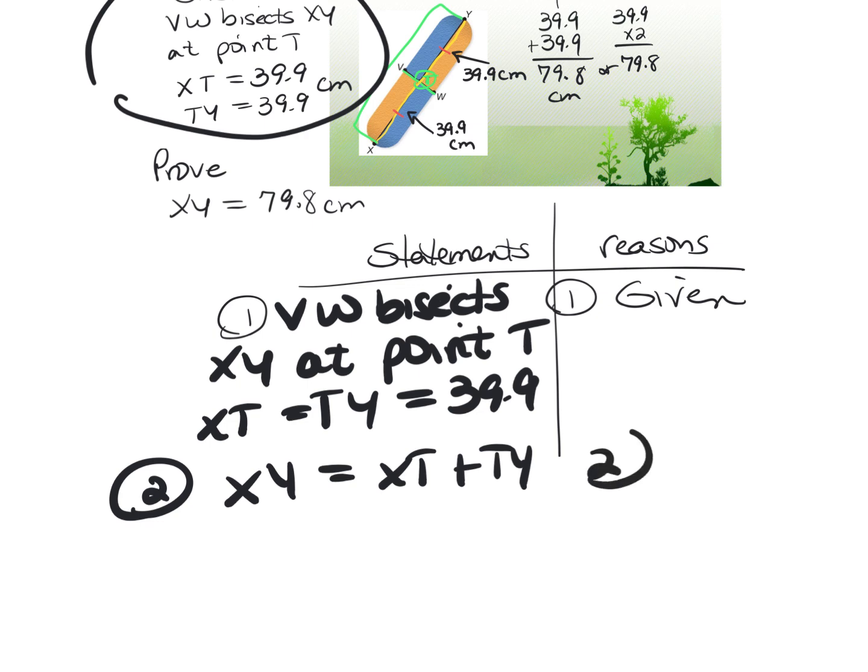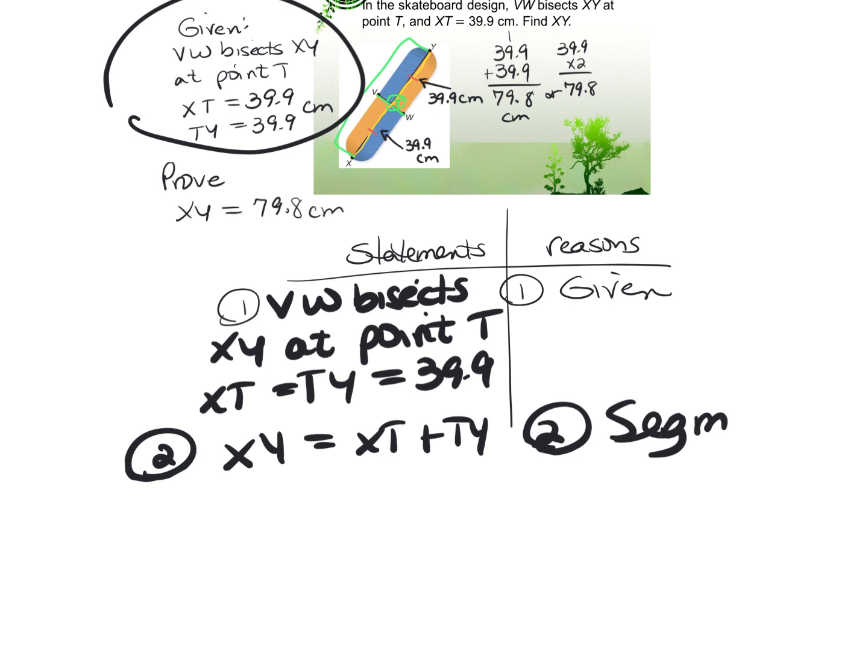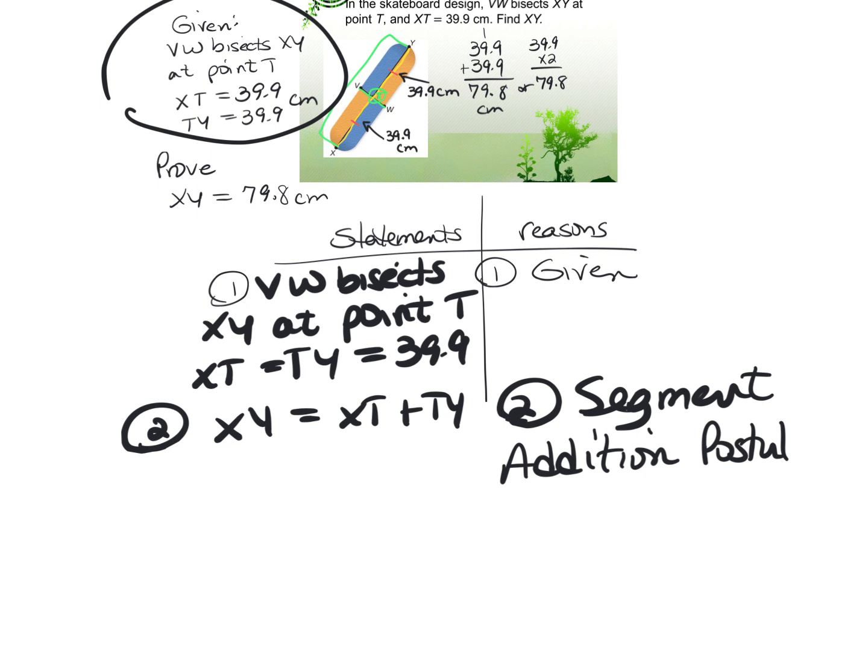And that reason is your segment addition postulate. Now, because some of these reasons are going to get kind of long, this is why I like to come up with acronyms. So instead of having to write these 3 words, I'm just going to put the letters SAP.